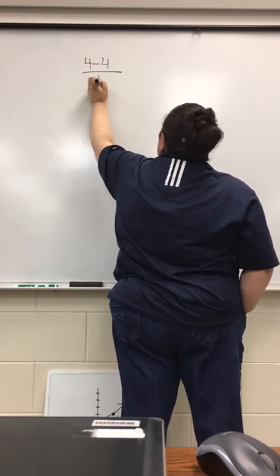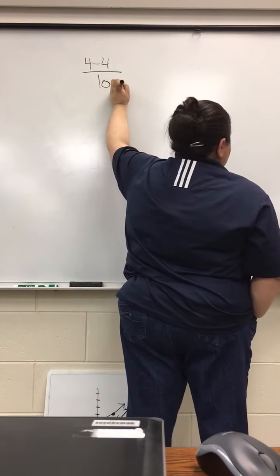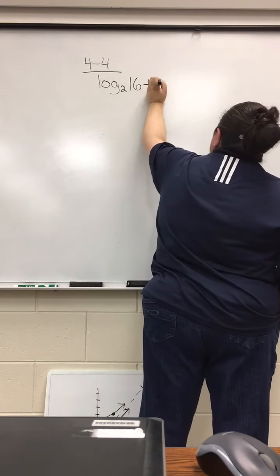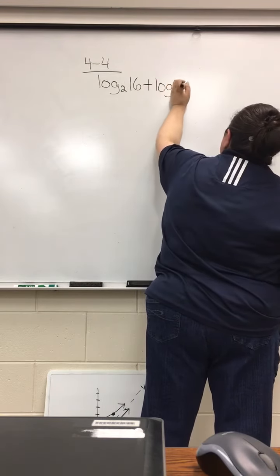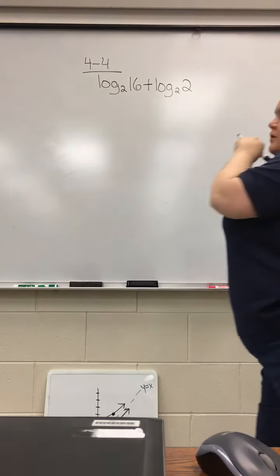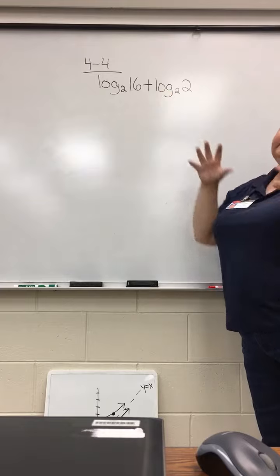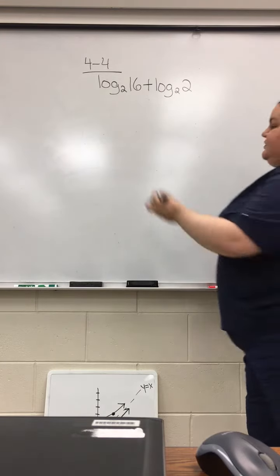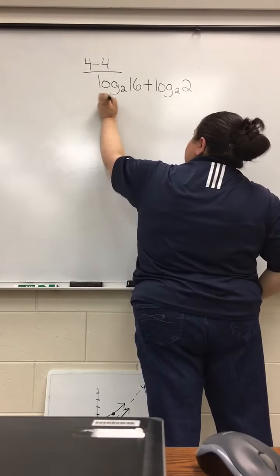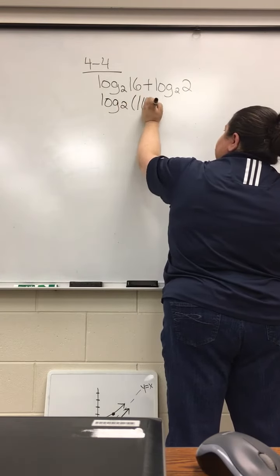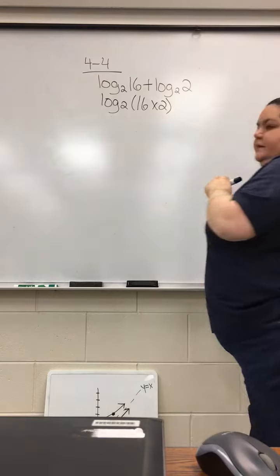Let's say we have log base 2 of 16 plus log base 2 of 2. Whenever we have a plus sign, we start by multiplying, so you write it as log base 2 of 16 times 2.